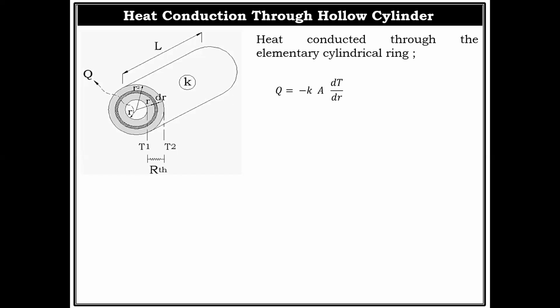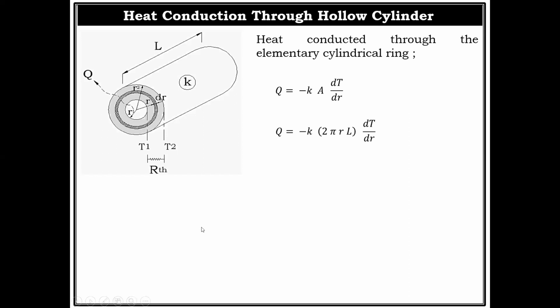So we know Fourier's law equation, that is Q is equal to minus K A dT by dr. Normally it is dT by dx or dT by L only, where dx or L stands for the path of heat flow. Here the thickness dr is the path, so we rewrite this equation as Q is equal to minus K A dT by dr.